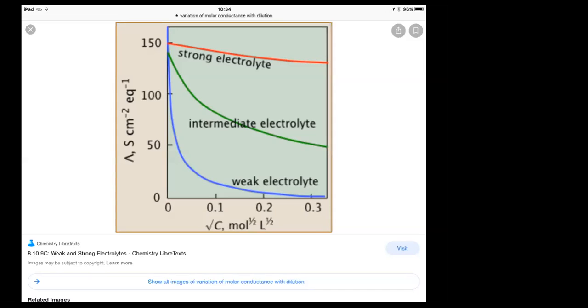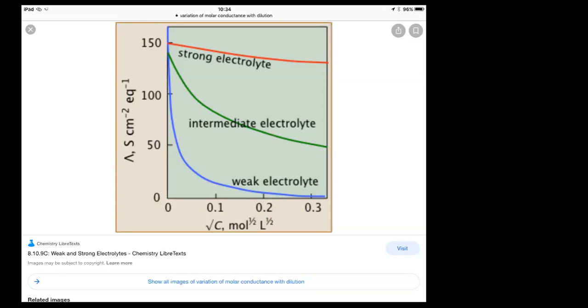Now let's come to equivalent conductance. The next topic that we did was equivalent conductance. The importance of equivalent conductance is that it helps us to compare the conductance values of different electrolytes. Because when we take 1 gram equivalent of any electrolyte, we are ensuring that it is dealing with 1 mole of electrons, and therefore the conductance can be easily compared even if the electrolytes contain ions which may have more than 1 charge, which may be di-positive, tri-positive, and so on.